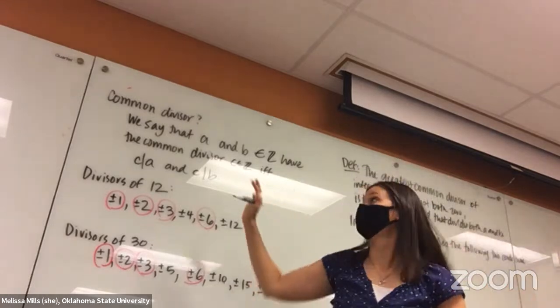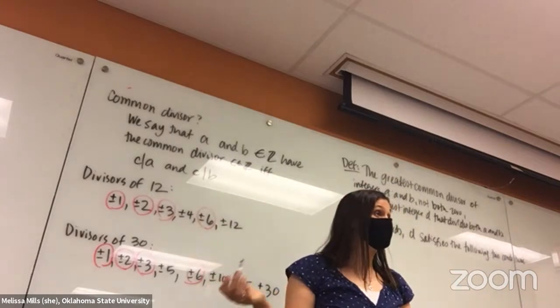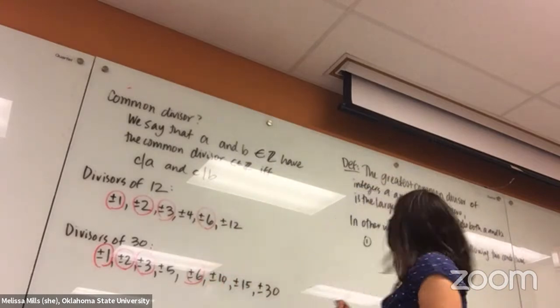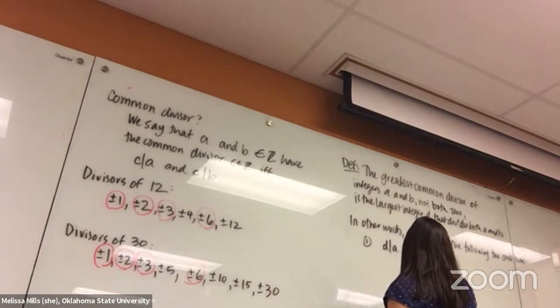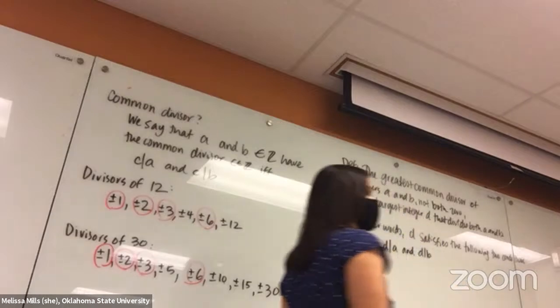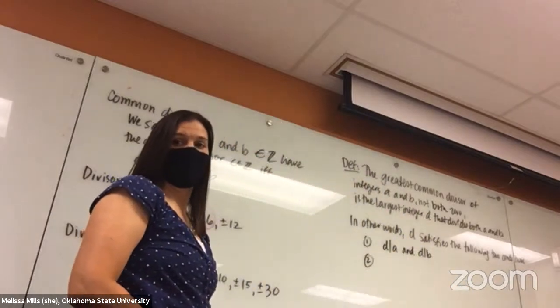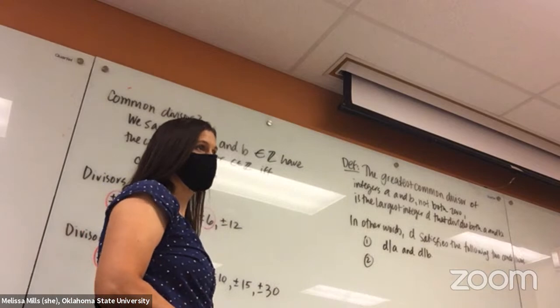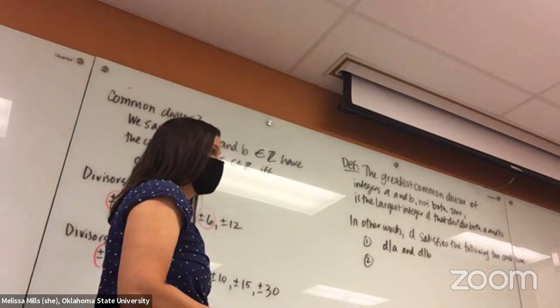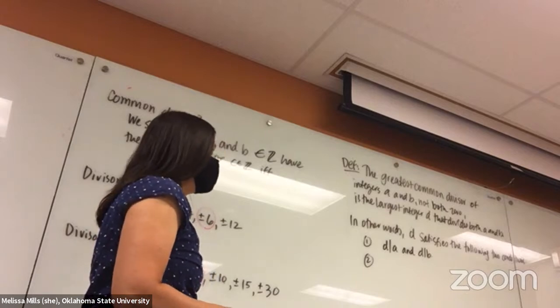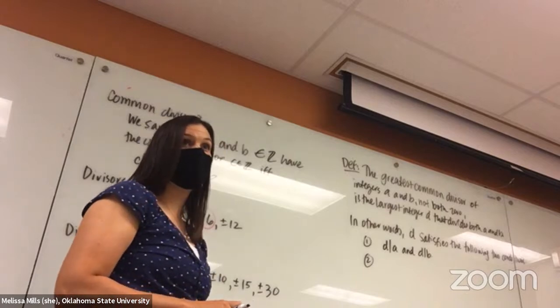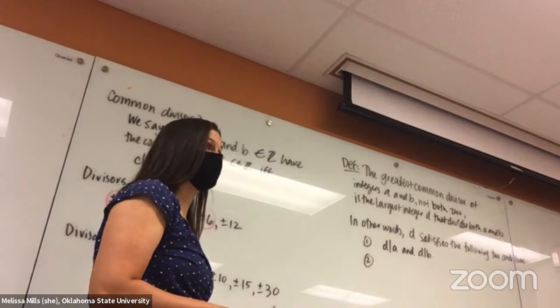So it needs to satisfy this definition, that it divides both of them. D divides A and D divides B. And then the second condition is what? Well, it needs to be the biggest one. So not just positive, but the biggest one of all the divisors.